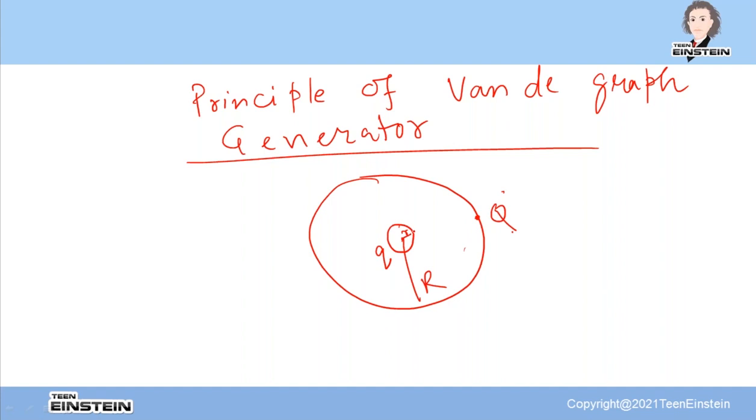Can you tell me what will be the potential at this point? Say this is a point P, and this is a point S on the surface of the capital sphere.